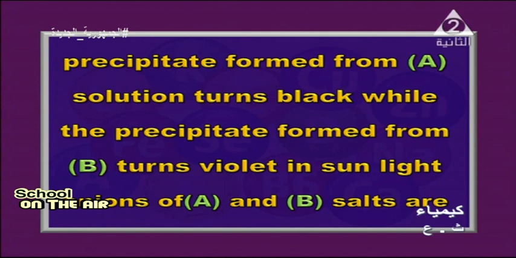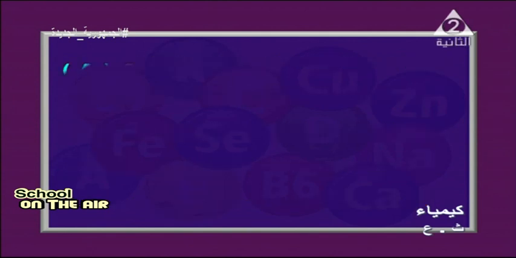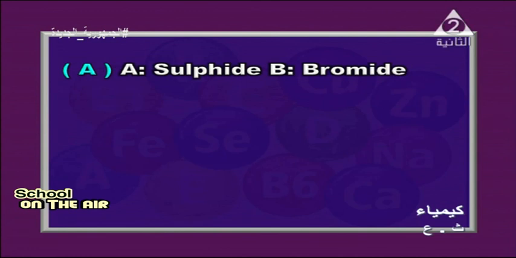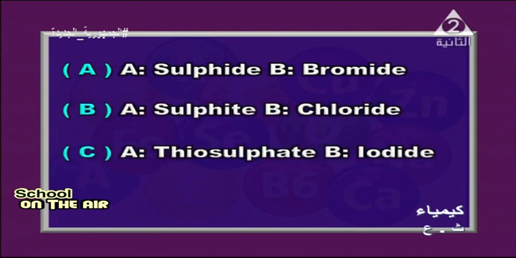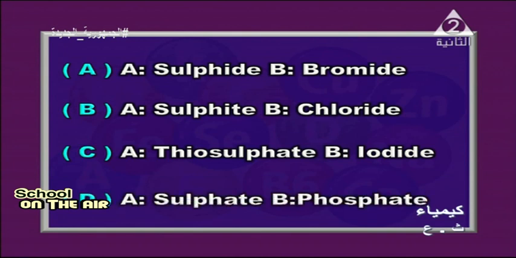So the anions of salts A and B are sulfide and bromide, sulfide and chloride, thiosulfate and iodide, or sulfate and phosphate. If you think about it, yes, it will be sulfite and chloride.